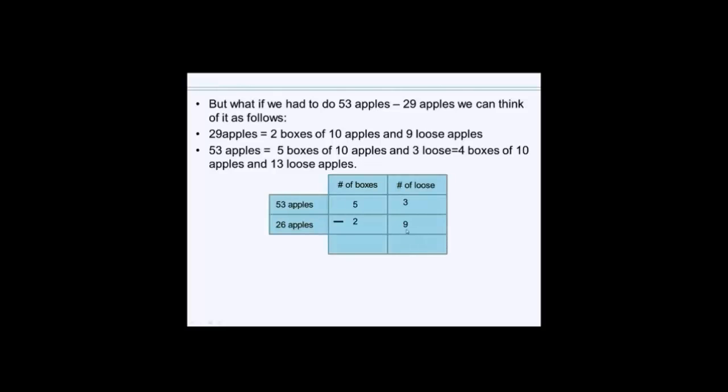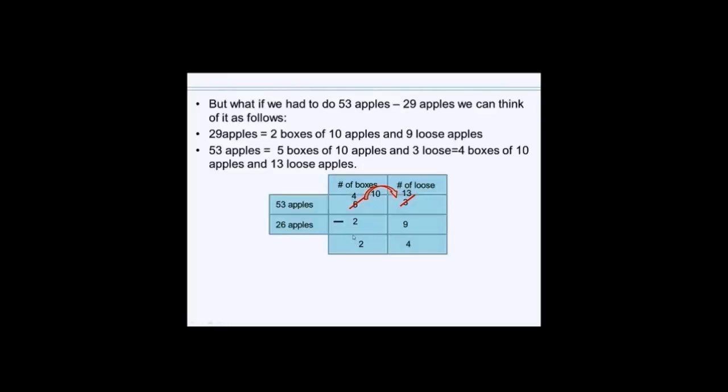So it will look like this. You're taking the 5, making it 4 boxes, taking the 10 loose apples and putting them here. So instead of 3 apples, we have 13 loose apples. So you're subtracting 9 from it, which will give you 4. And then 4 boxes minus 2 boxes will give you 2 boxes, so 24.